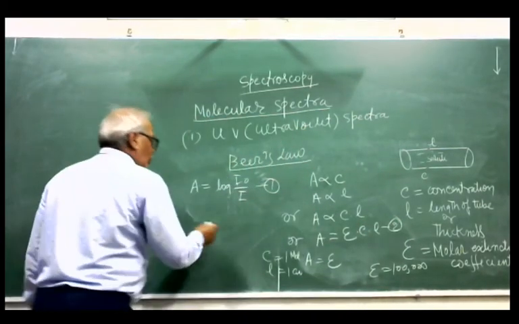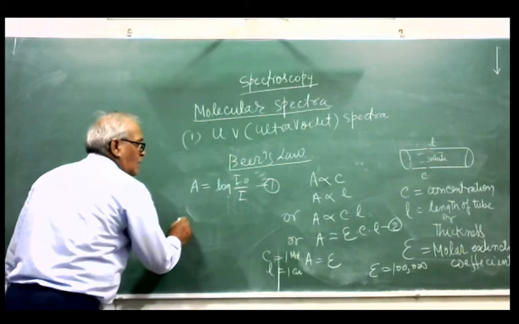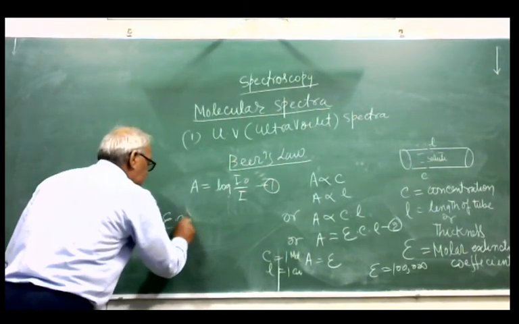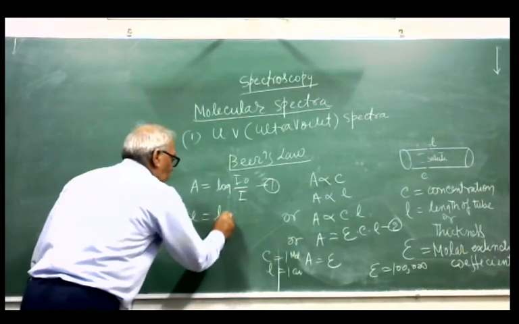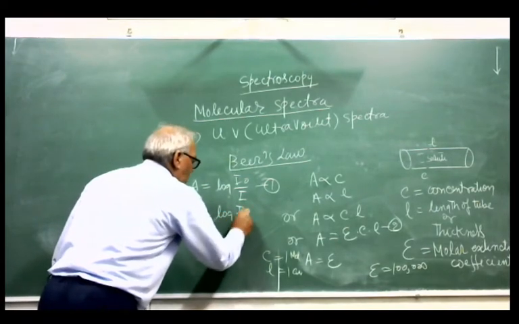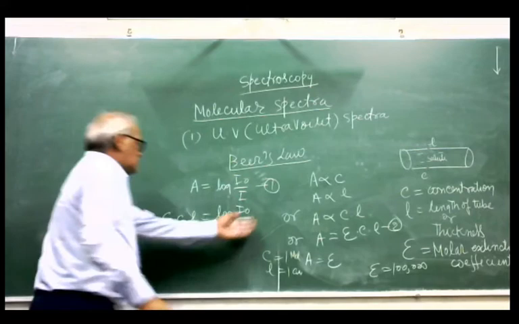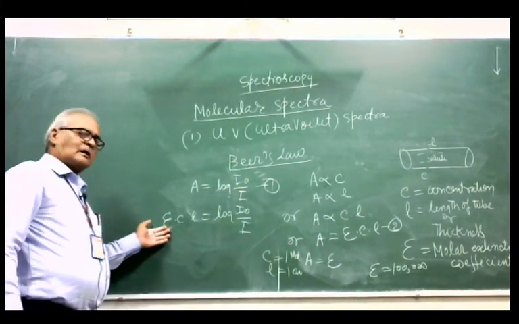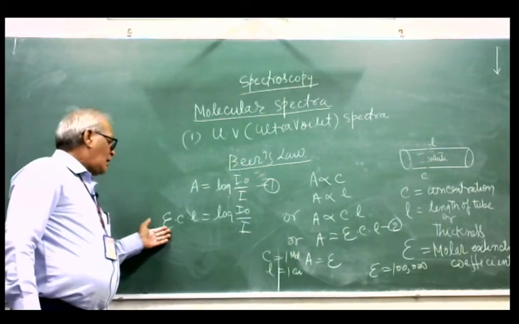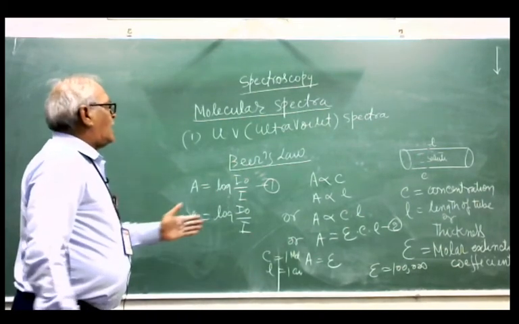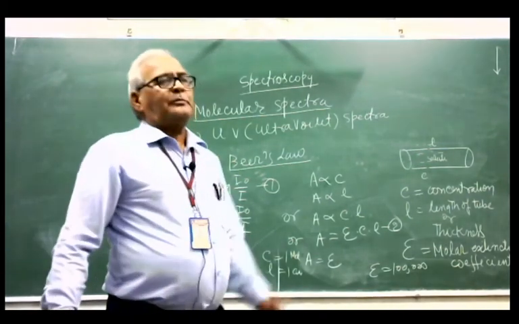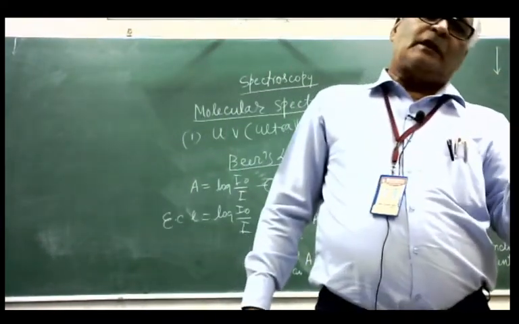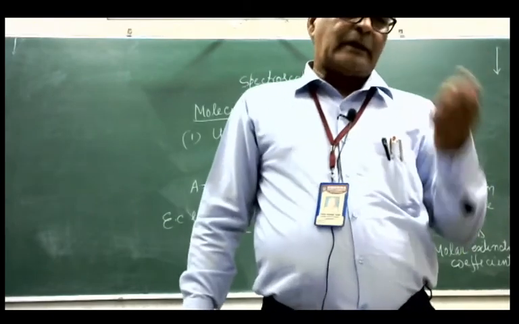So you can say epsilon C L is equal to log I0 upon I. This is the combination, and you can determine epsilon. In this way, these two laws are very important to understand the absorption of light by an organic compound.